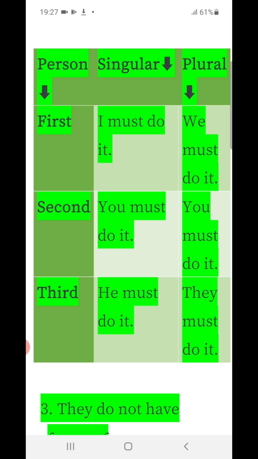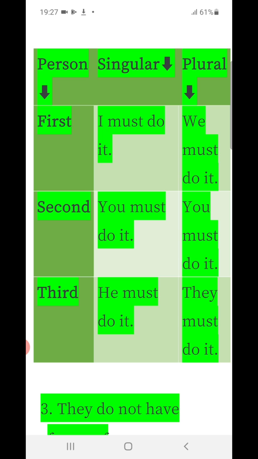So here you stands for a group of people or many people together. It can also be applied for a few people and so on, but somehow it is plural in number. You must do it. So here, must is again remaining same.